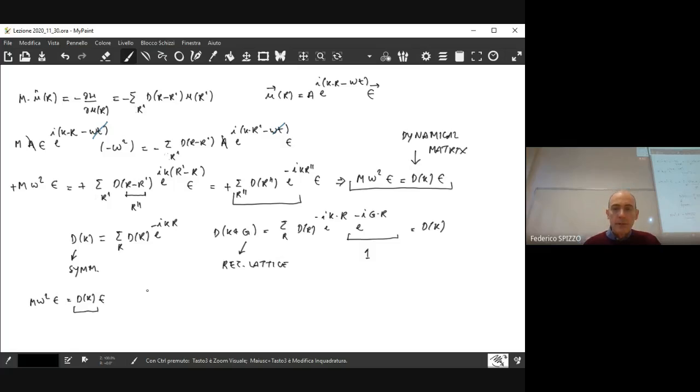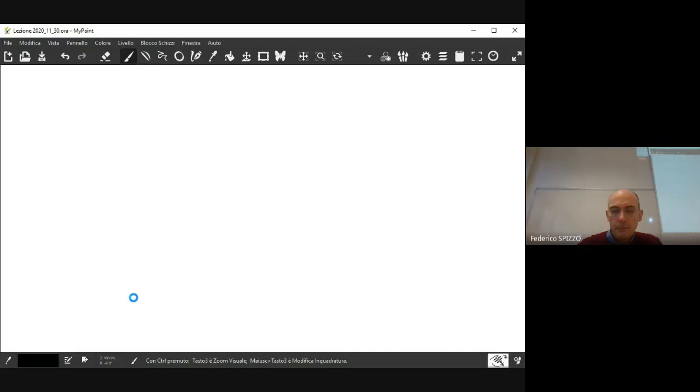So what one tries to do is to consider whether D of k is a real matrix or not. To discuss that, let's just write the definition of D. So D of k is a summation over R of D of R e to the minus i k R. So this is the general definition.